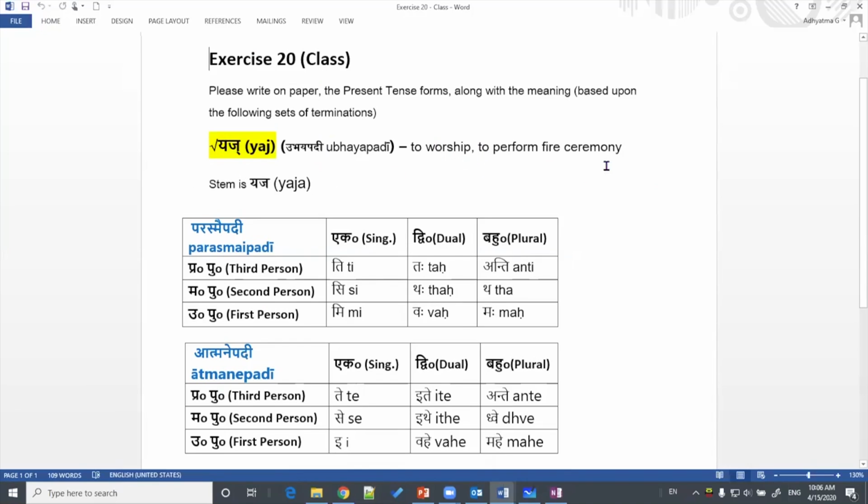The stem is yaja, and you have to make the forms for both. It's an ubhayapadi dhatu, which means it takes both terminations, parasmaipadi and atmanepadi. So the exercise is that you make both sets of terminations and also write the meaning. Like bhajati, yajati, he worships, yajate, he worships, like this. So this is your exercise.